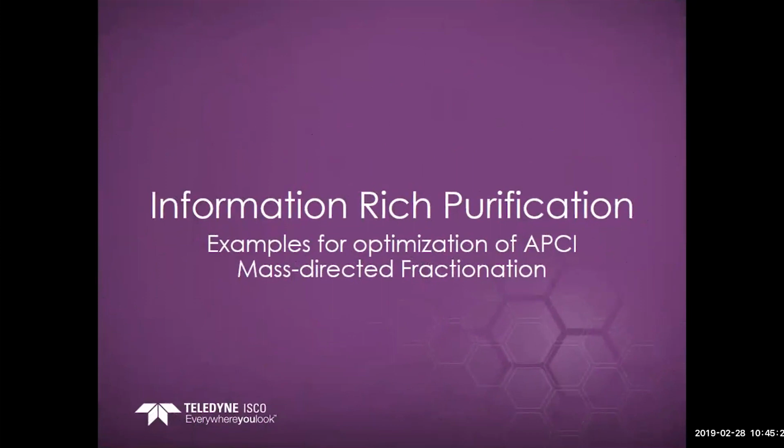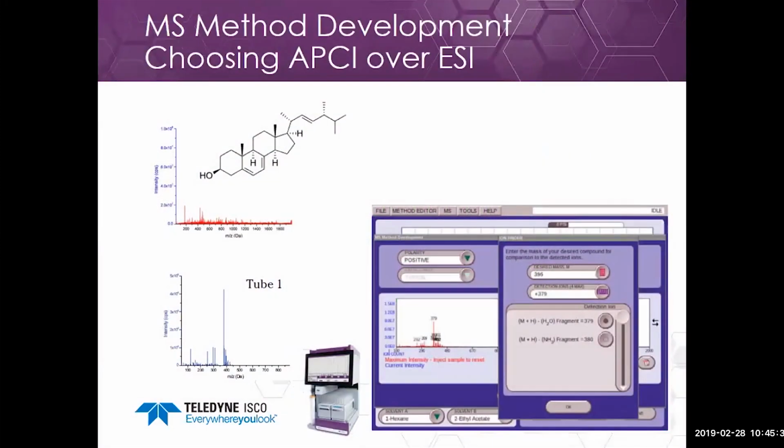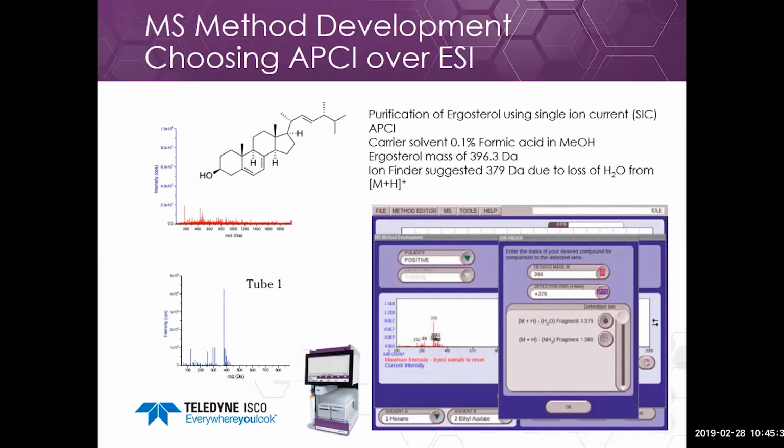So here's some additional examples. This is using our APCI probe. And so this is for a separation of ergosterol using single ion current. It's our APCI probe. The carrier solvent in this case is 0.1% formic acid and methanol. The mass for ergosterol is 396.3 Daltons.